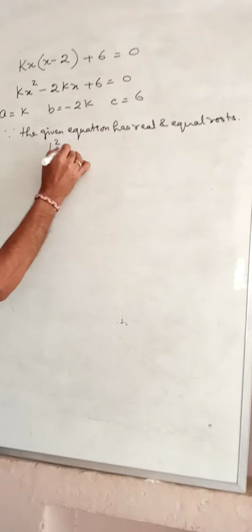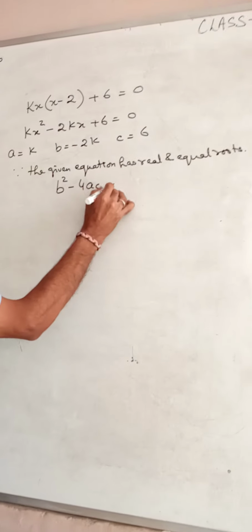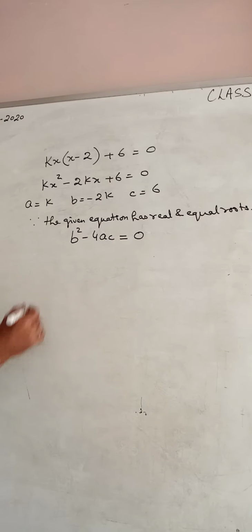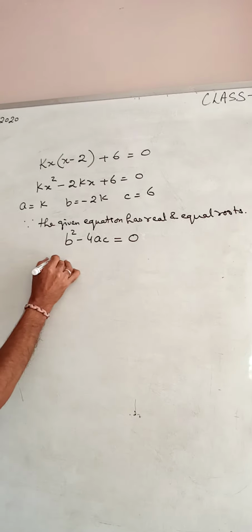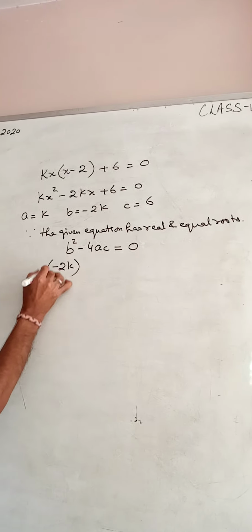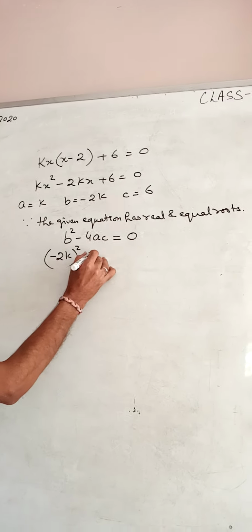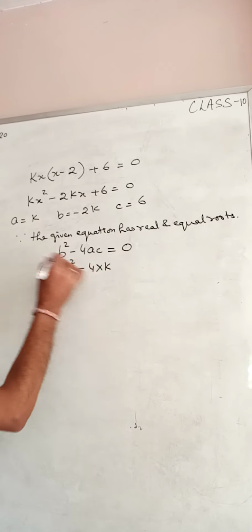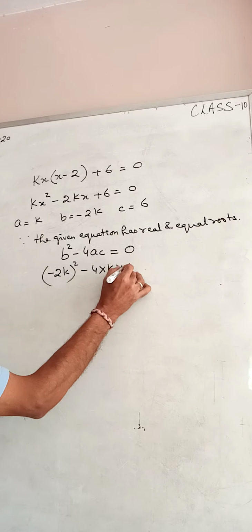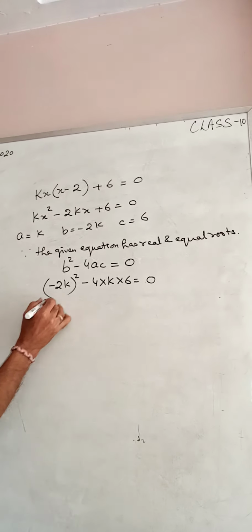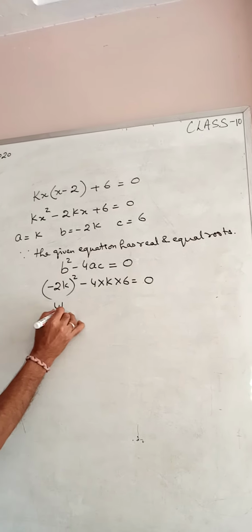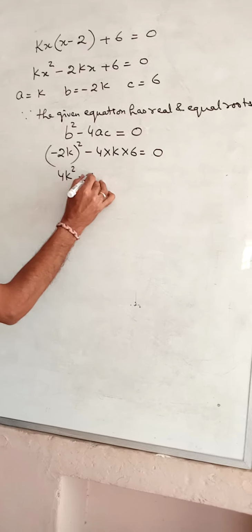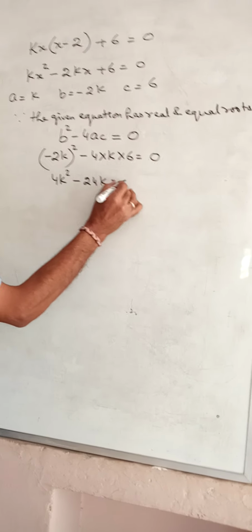I can write b square minus 4ac will be equal to 0. Now substitute the value of b, which is minus 2k. Since it's a square, so whole square minus 4 into a is replaced by k because a is k into 6 equals 0. If I square it, I get 4k square minus 24k is 0.